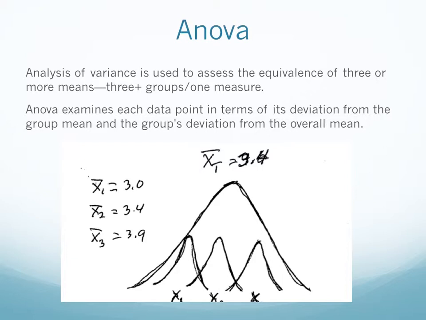So ANOVA asks the question, what's the likelihood that I can explain a value in the x1 distribution in terms of its deviation from the x1 mean and its deviation from the x total mean?